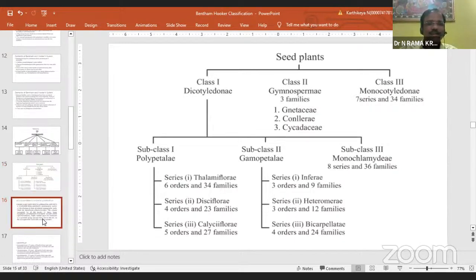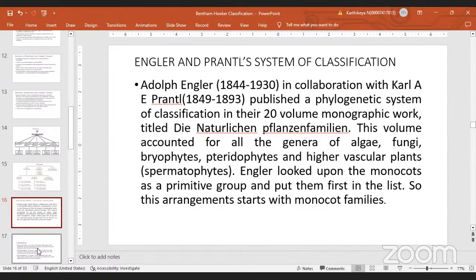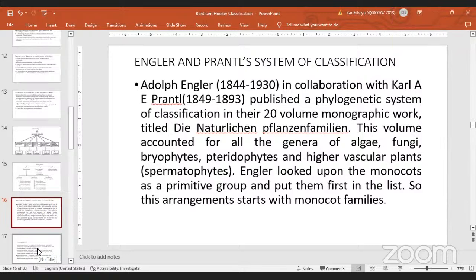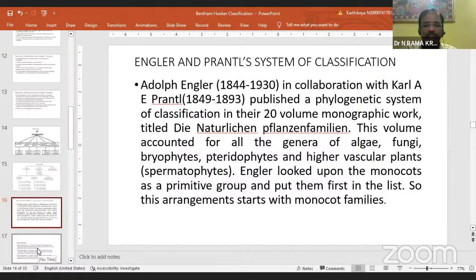Next, another most important classification is by Engler and Prantl. Engler and Prantl's system of classification. Engler, in collaboration with Prantl, published a phylogenetic system of classification.